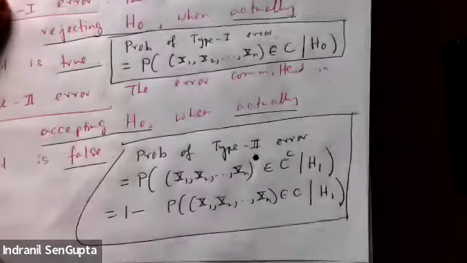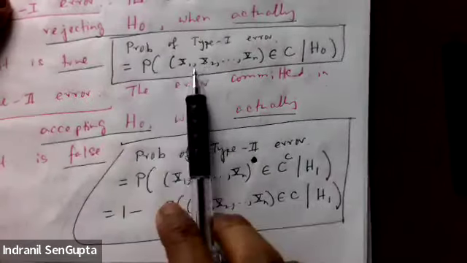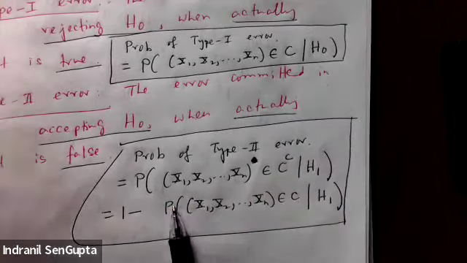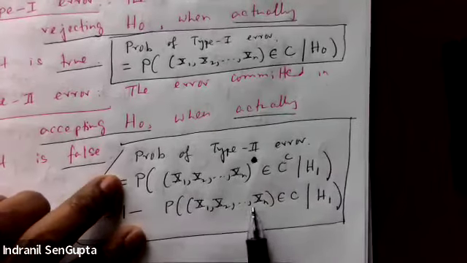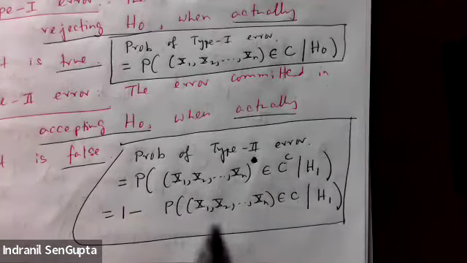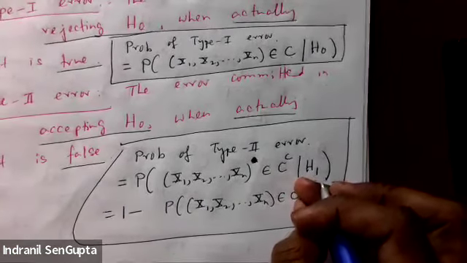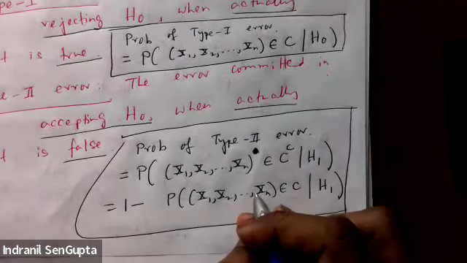Okay. Look at these two expressions. So this one is the probability of x1, x2, xn is in C, where H0 is true. And here, it's 1 minus the probability of x1, x2, xn in C, where H1 is true. They're fundamentally different. The complement of the probability of the type 2 error is called the power of the test.